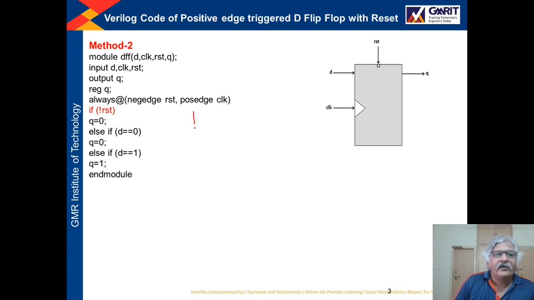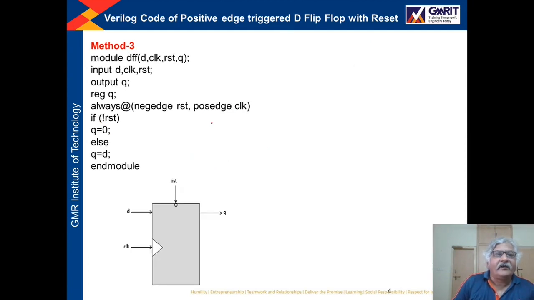This negate operator and RST is equivalent to RST equal to 0, right? It is the same. So simply I have changed this. In place of RST is equal to 0, I am using the negate operator and RST.